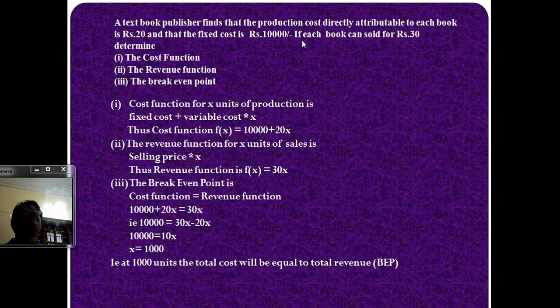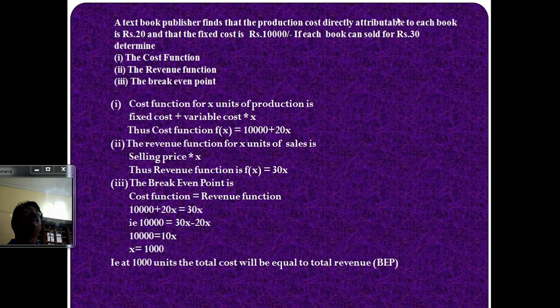Another point is that the book can be sold for rupees 30, and this particular textbook publisher is selling this book for rupees 30 per book. Then you will have to determine the cost function, the revenue function, and the break-even point.